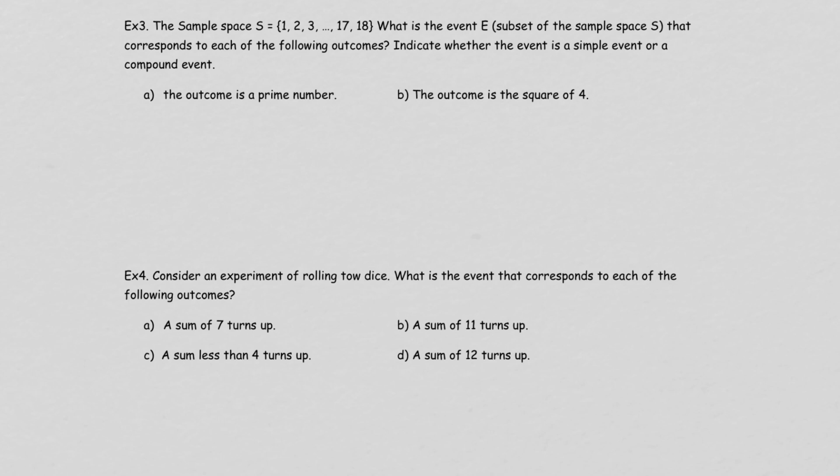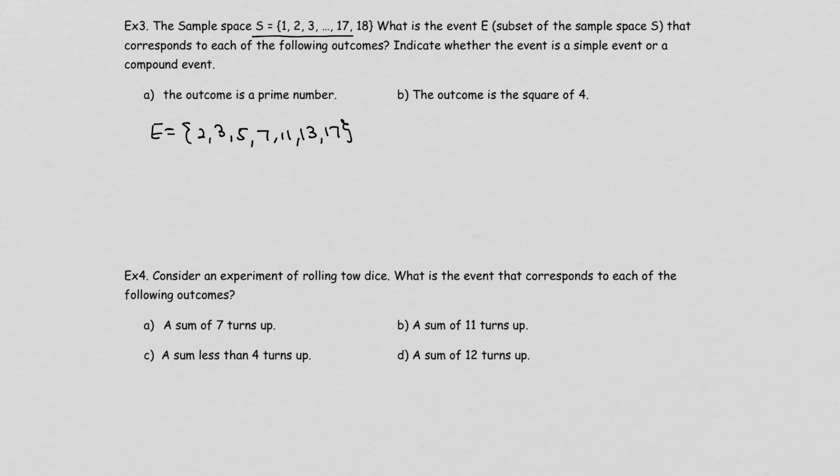Let me list the prime numbers as your event E. Prime numbers start from 2 because a prime number has to have only 2 factors, itself and 1. So 1 cannot be included. So start with 2, 3, 5, 7, 11, 13, and 17.